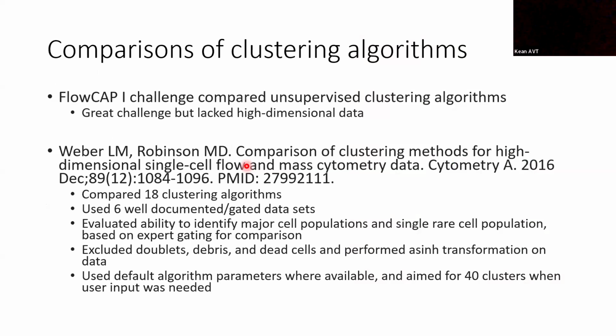So in terms of comparing clustering algorithms, previously there was the FlowCAP-I challenge, which was a detailed review of clustering algorithms. And it was very good, but it didn't contain high-dimensional data. Subsequently, there's this review of algorithms that has been very good in that it compared high-dimensional data and has some variability in the types of data it's looking at, both major cell populations and rare cell events.